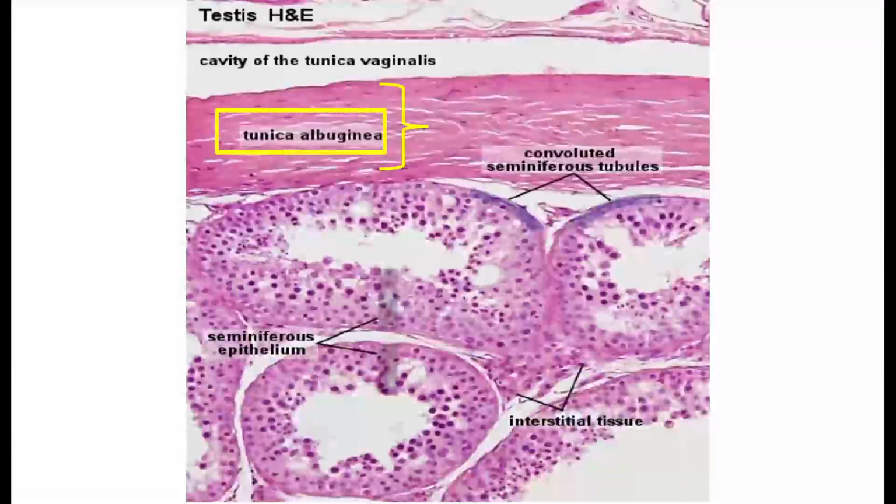Tunica means layer, and albuginea means white. And inside a cross section of a seminiferous tubule, we can see the outer shell, and we can see the germinal epithelium, and we can see a lumen as well.